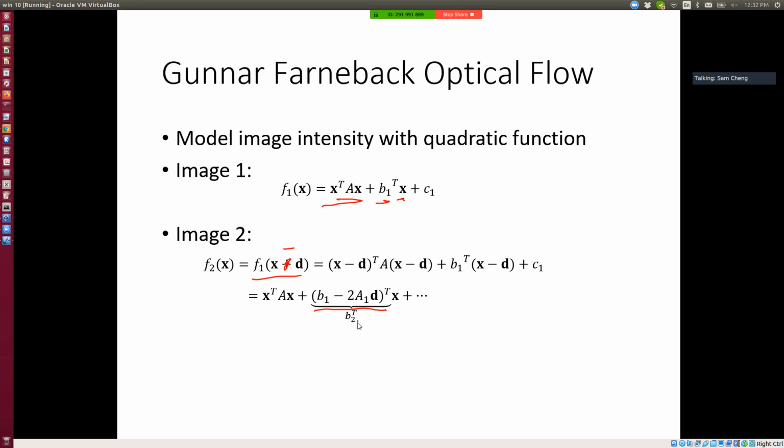I want this b2 transpose to equal this guy here, so therefore I will have this one here. Then I want to solve for the disparity, so d will be just equal to this guy here. And my delta b here will be minus 1/2 times b2 minus b1.